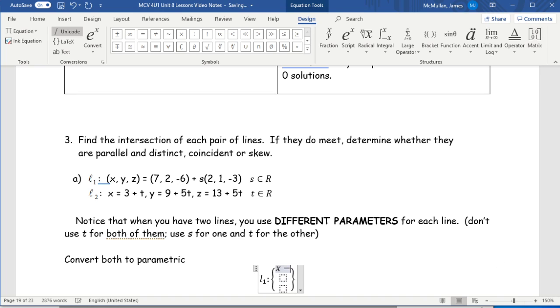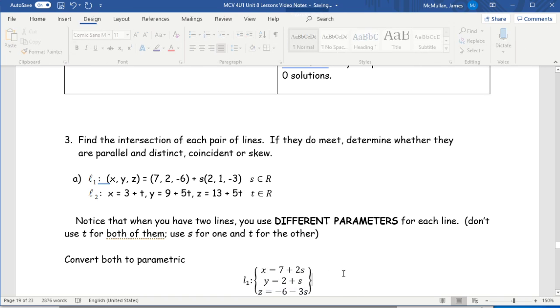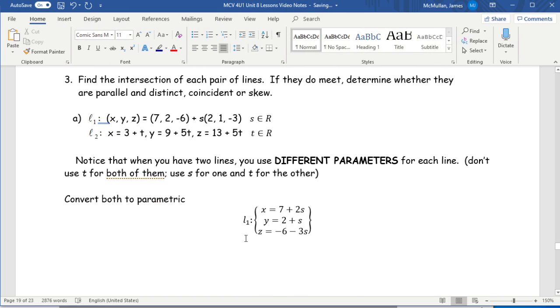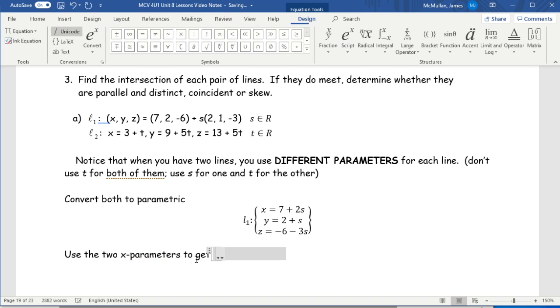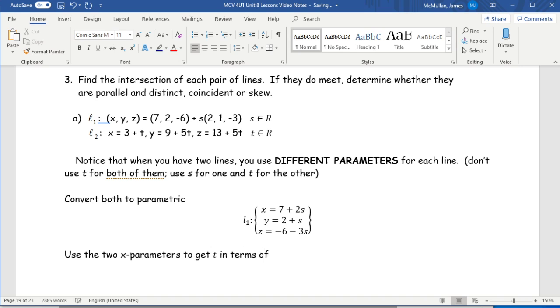So x is equal to 7 plus 2s, y is equal to 2 plus 1s, and z is equal to -6 take away 3s. Right? So that would be your parametric equation for line 1. Now what you do is you use the two x parameters to get t in terms of s, or vice versa.